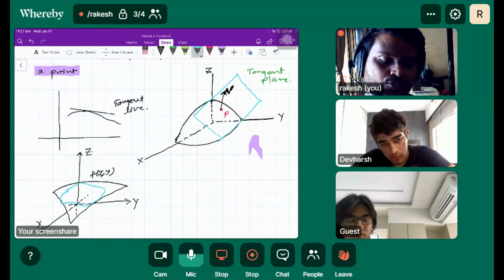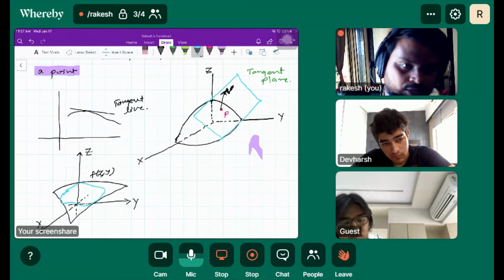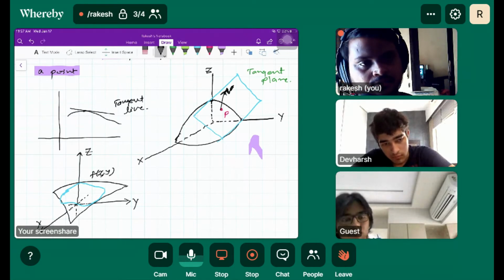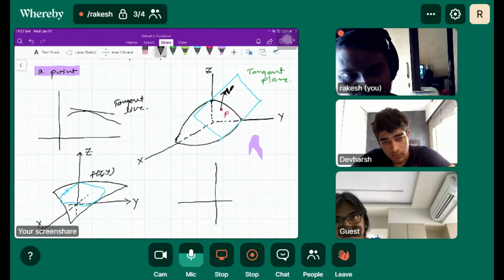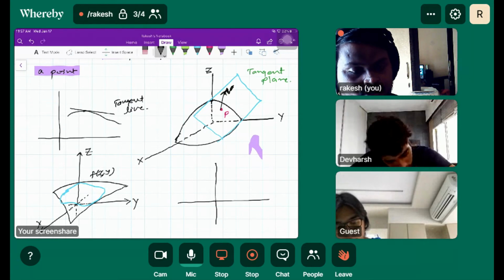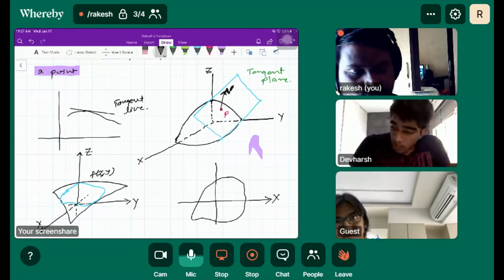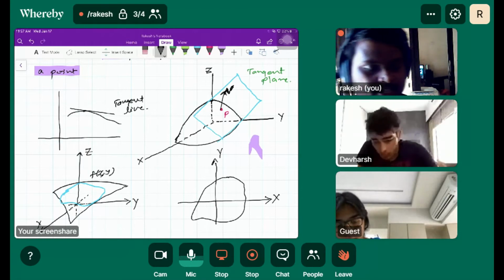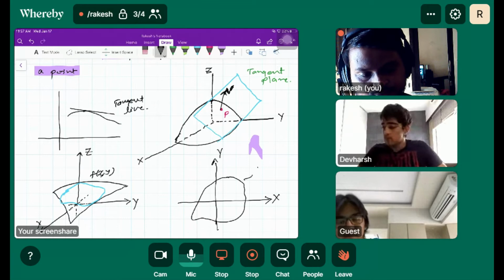That is called the level curve. We don't know the shape of the object, but we definitely get a curve that can be represented in the xy plane. So this is the level curve.